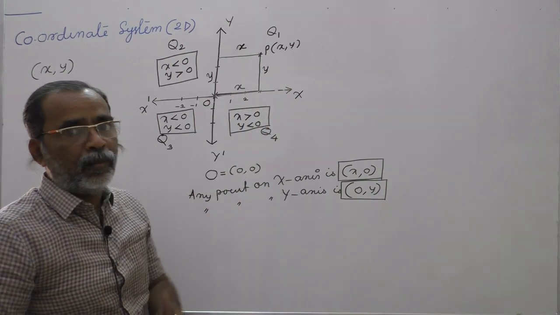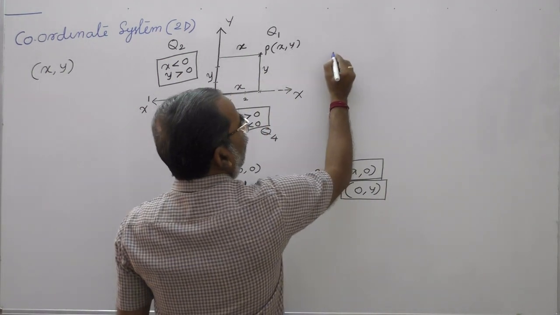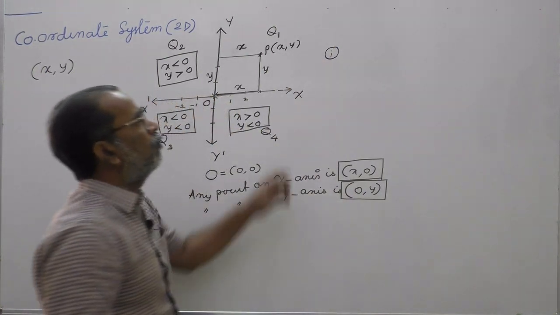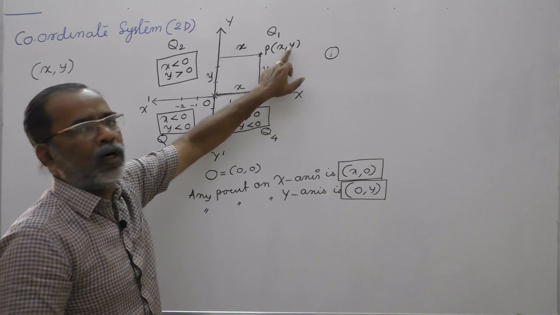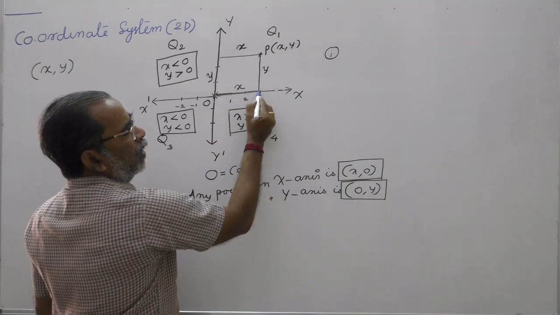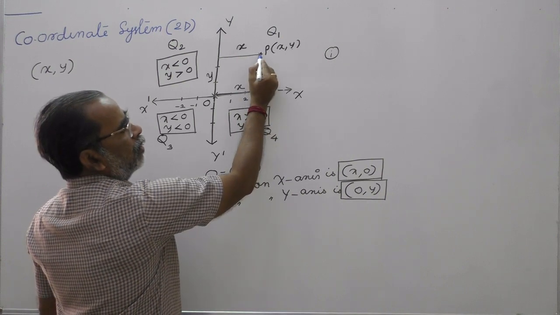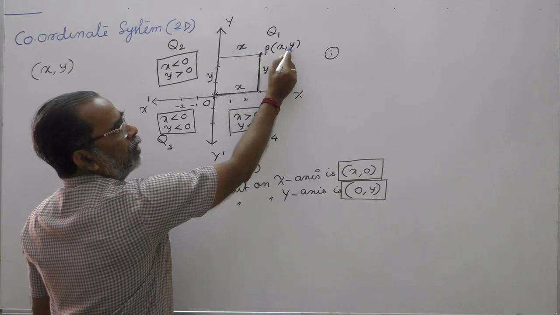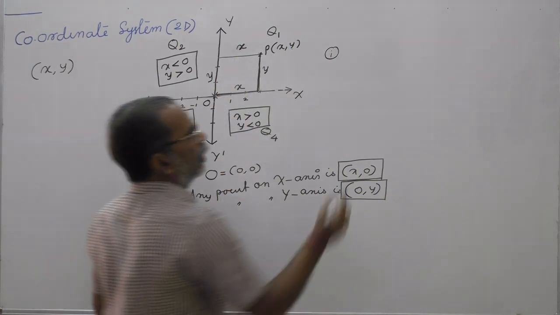We can state a very important basic point here. Number 1. If a point is given x, comma y, then the distance of the point to the x-axis is what? y. That means equal to the y coordinate.